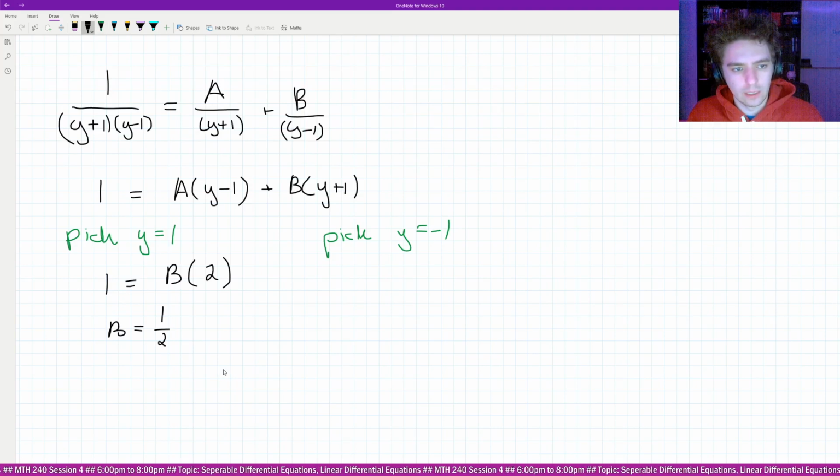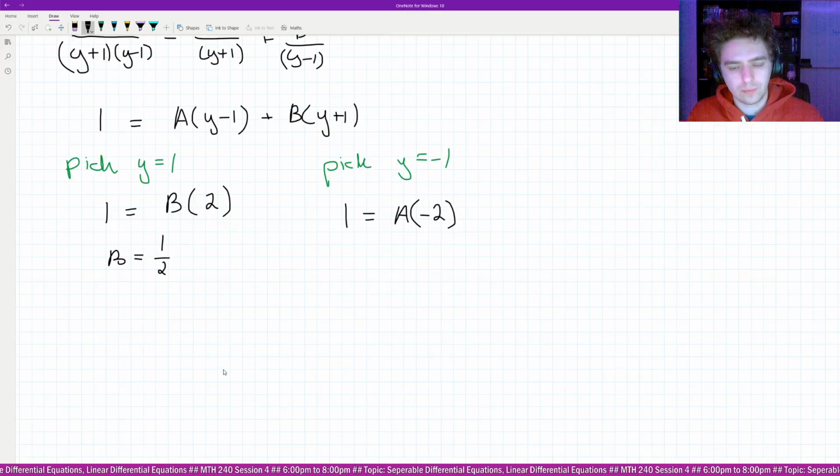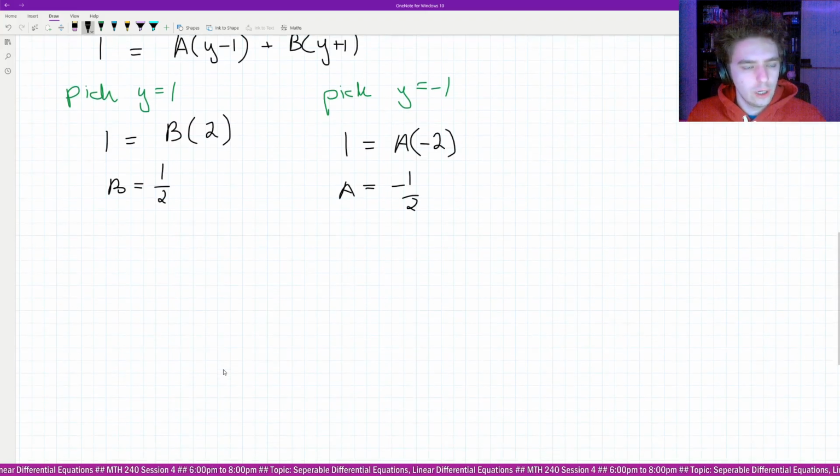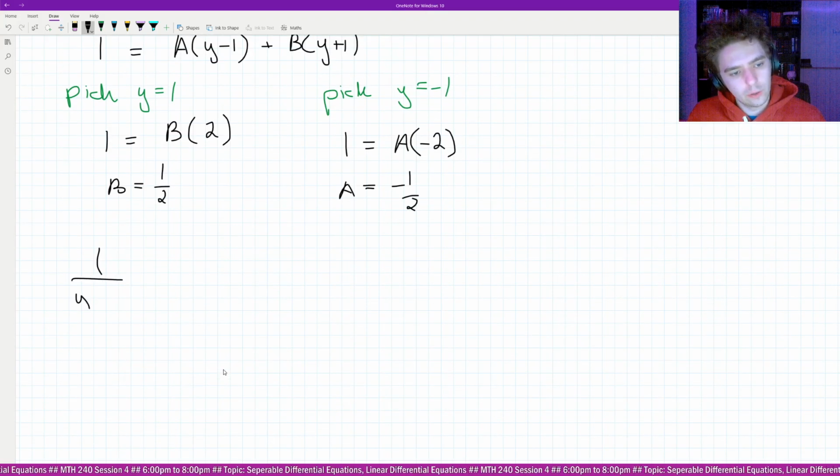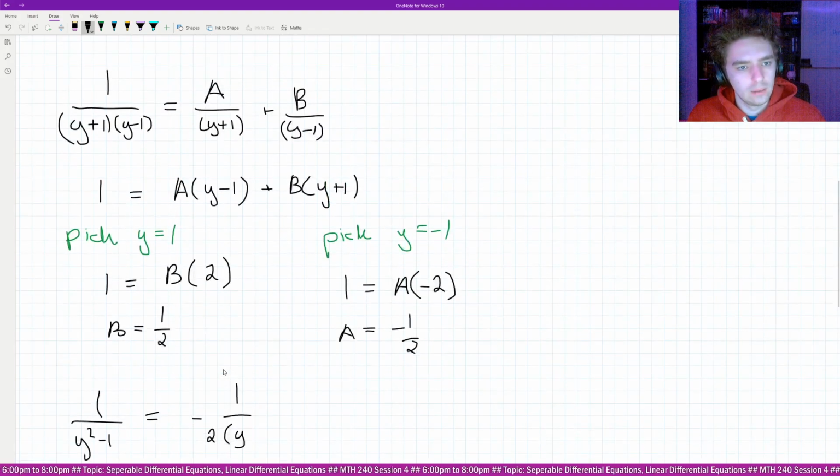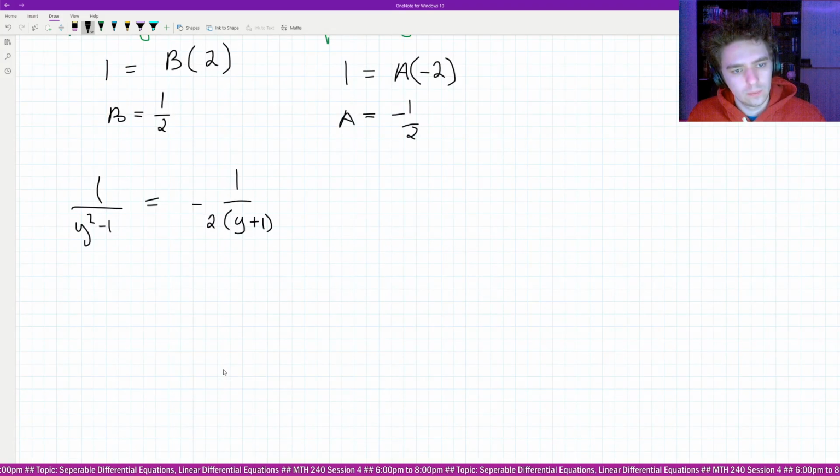So that's going to be 1 equals a times minus 2 plus 0. So a equals negative a half. Okay, we have our two solutions. So we can say that 1 over y squared minus 1 equals negative 1 over 2(y plus 1) plus 1 over 2(y minus 1).